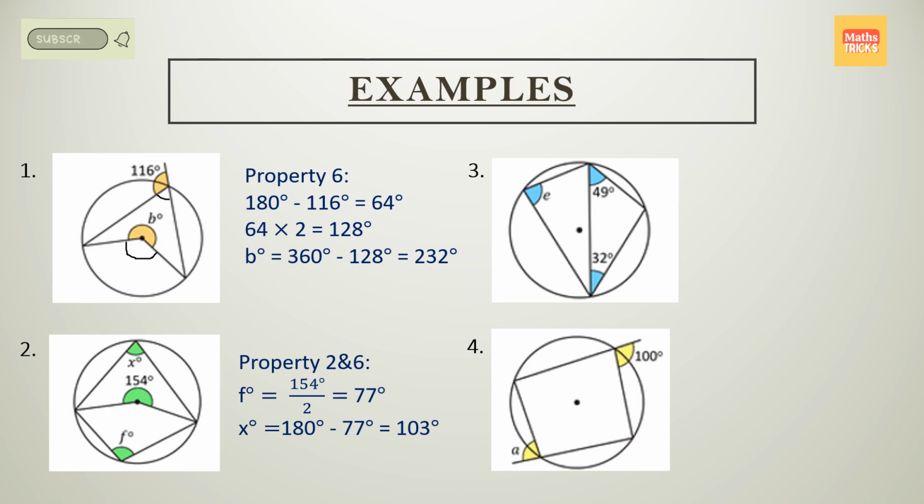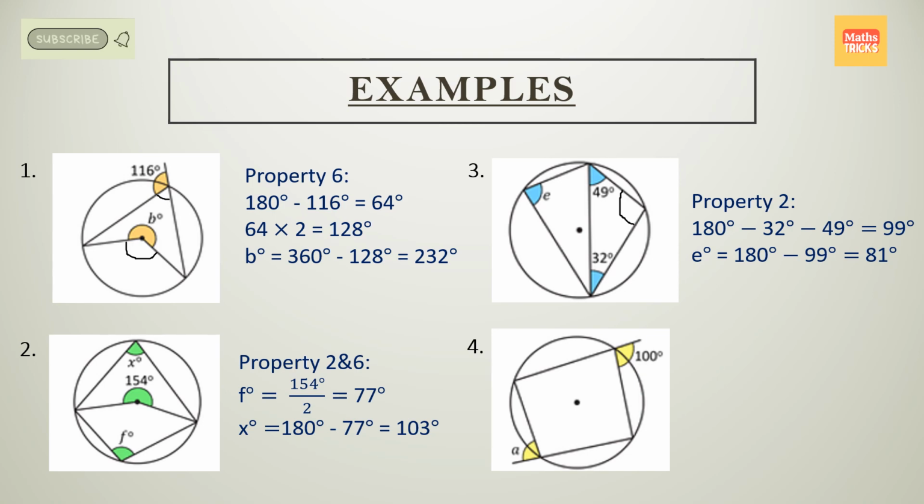Question number 3. It includes property number 2 as it has a cyclic quadrilateral. We know this triangle has angles 49 and 32. We can figure out the third angle of the triangle, which will be 180 minus 32 minus 49, which is 99 degrees.